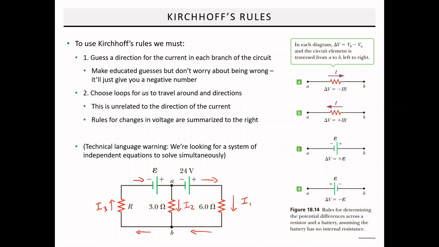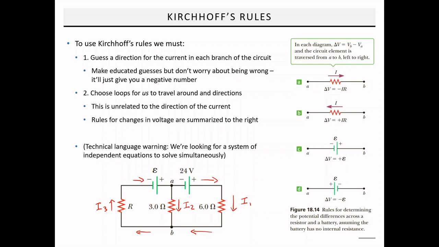And the second step is to choose loops for us to walk around. Note that this is completely unrelated to the direction of the current that we just chose. How you choose these loops depends on what you're looking for.